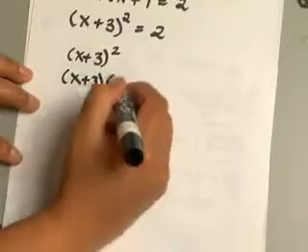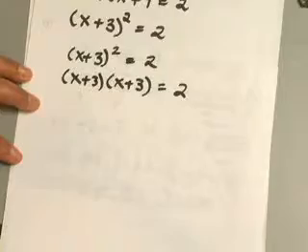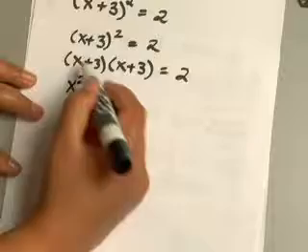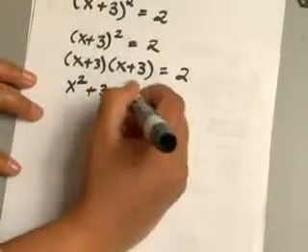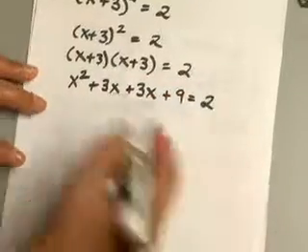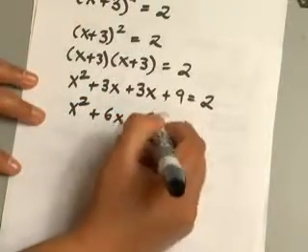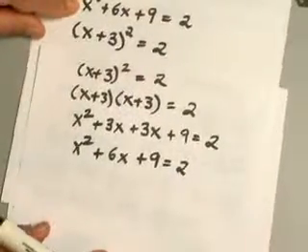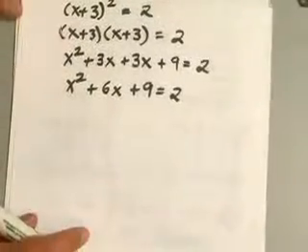We take x plus 3 squared, which is the same thing as x plus 3 times x plus 3, and FOIL this, which gives us x squared plus 3x plus 3x, and 3 times 3 is 9, equals 2. Combine your middle term, so that gives you x squared plus 6x plus 9 equals 2, which is what we had right here at this point.